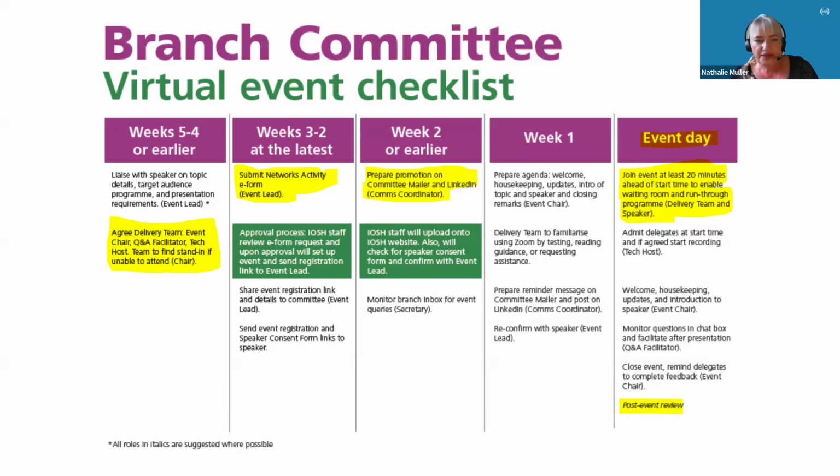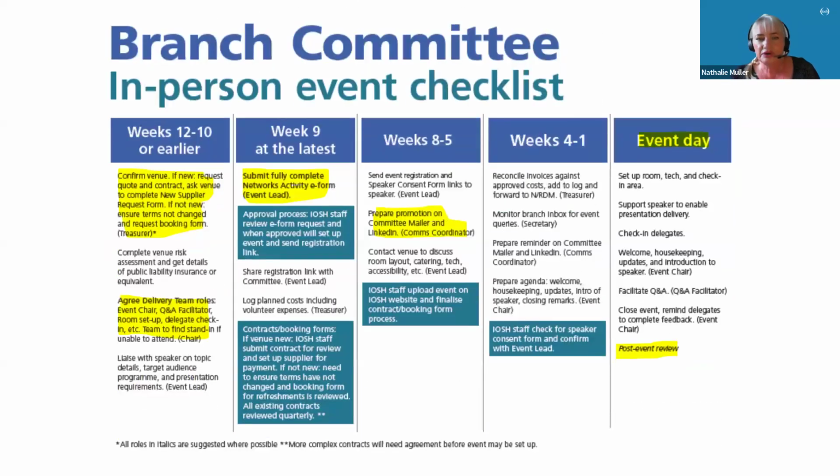So that takes us to the one that's got a much longer timeline, for the obvious reasons, and that's your in-person event checklist. So we suggest that, at least 12 to 10 weeks before your event date, and we have roles under here that we recommend, usually this is undertaken by the treasurer, so that they request a quote, a contract, and if the venue is new, that they set them up as a new supplier so that they can receive payment.